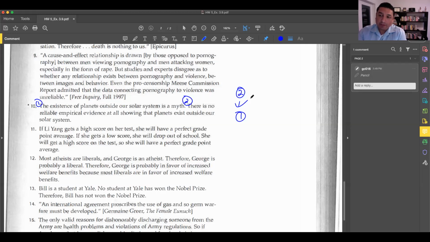In these argument construction assignments, I'm going to ask you to select a conclusion and then come up with two independent reasons supporting that conclusion. So you're going to have to know the distinction between a dependent and independent premise in order to be able to do that assignment properly. So make sure that you understand this stuff, okay? The distinction between independent and dependent premises. Okay?